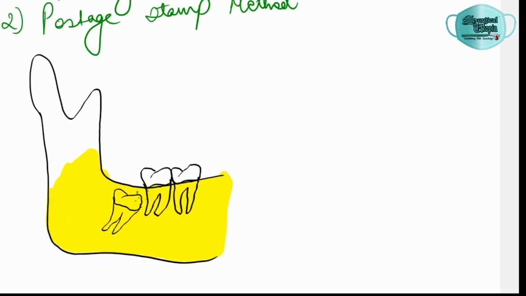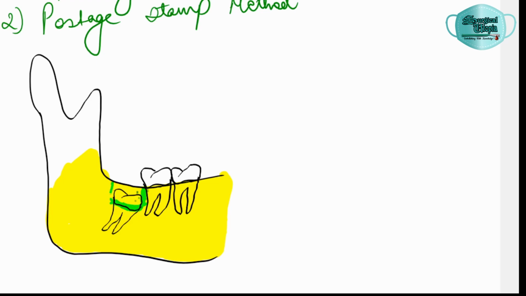First the burr is used to cut the bone close to the tooth, and after a purchase point is made, the burr is moved through the cortical bone and cut until it reaches the medullary bone. So the bone will be cut in this direction until it reaches the medullary bone.